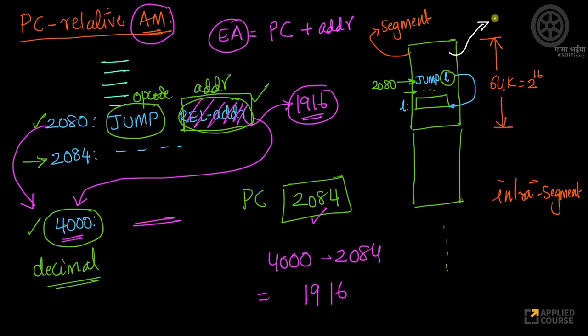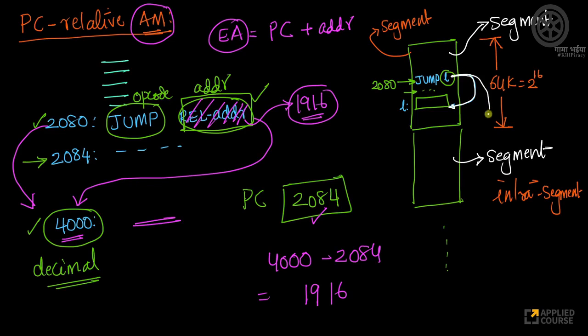In another segment, I could have a bunch of other functions. Even calling a function is a jump, if you think about it, since it needs you to jump to a different location. So PC relative addressing mode works perfectly if you want to jump within the same segment.